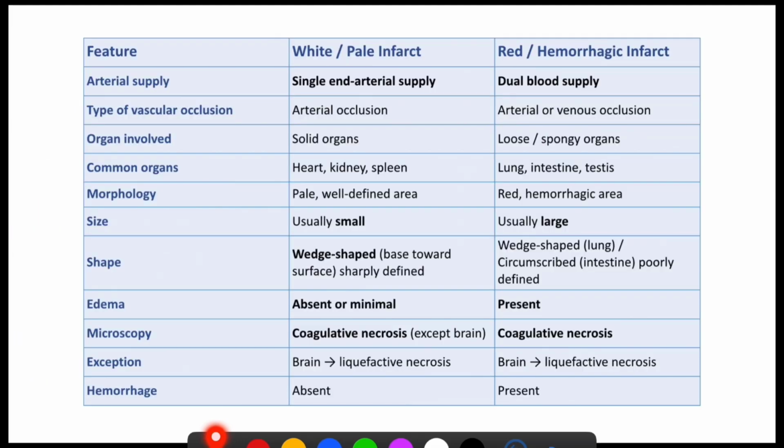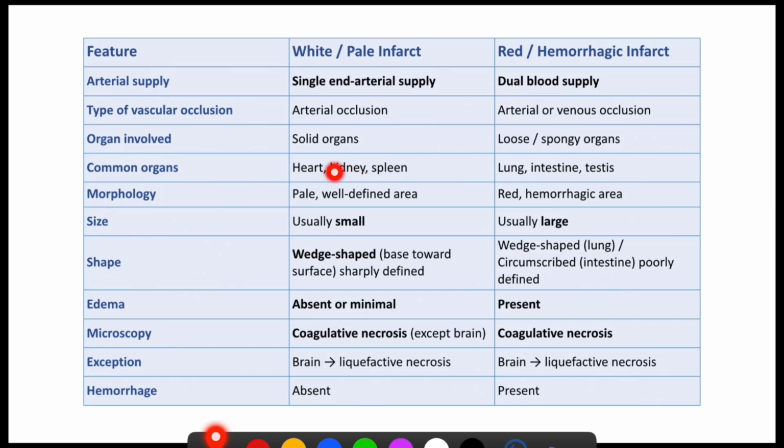Now this is an important viva question: how will you differentiate, and what are the differentiating features between white or pale infarct and red or hemorrhagic infarct? Arterial supply: wherever there is a single end arterial supply, it is white infarct. It is due to arterial occlusion.